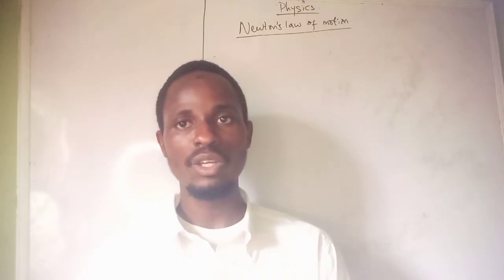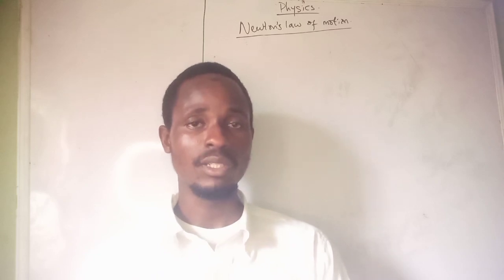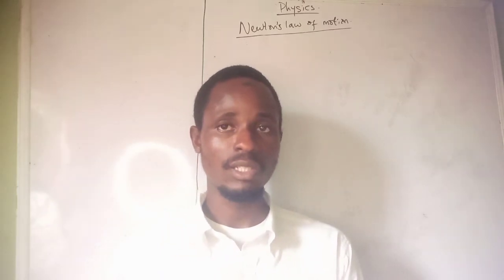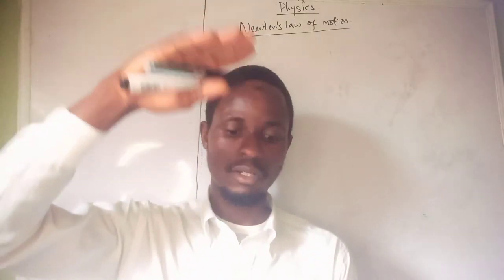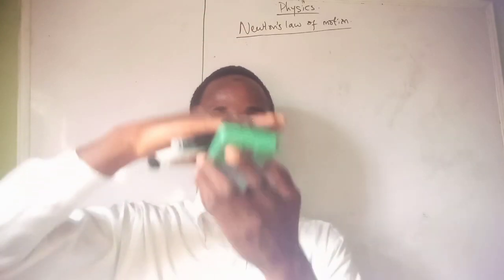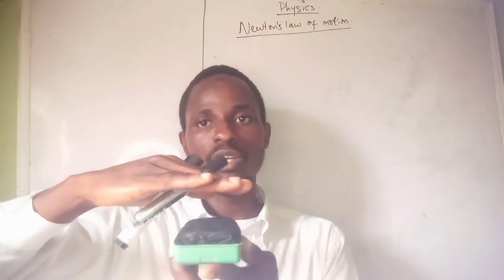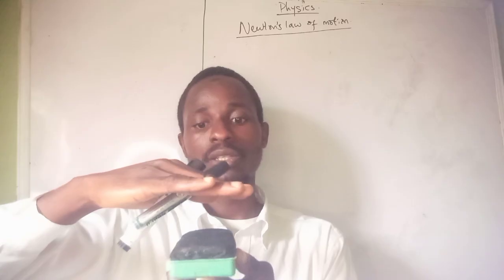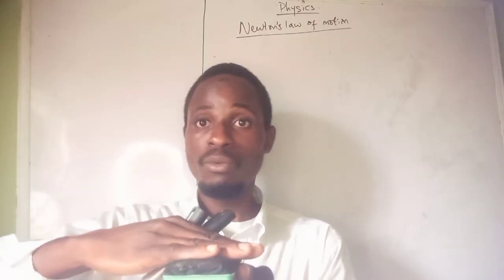If the table could not give an opposite, equal reaction, because the reaction should be directly opposite. So if you're placing a body on something, whatever you are placing it on should be able to give opposite reaction to hold itself. So if it is giving equal but not opposite reaction, it is going to lead to destruction. The table is going to break.